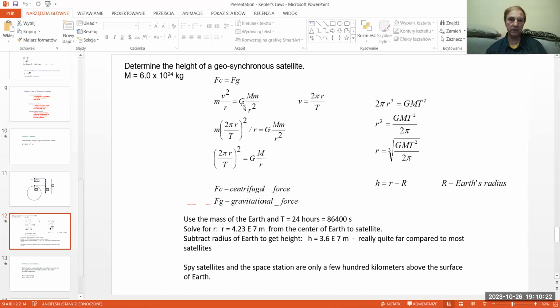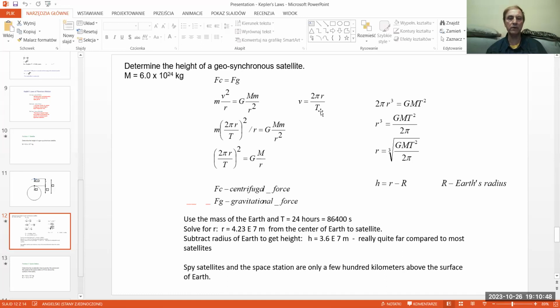Equals, and the right hand side, GMm divided by r squared. This is the gravitational force. So again, we are looking for r, so we need to perform some mathematical operations.